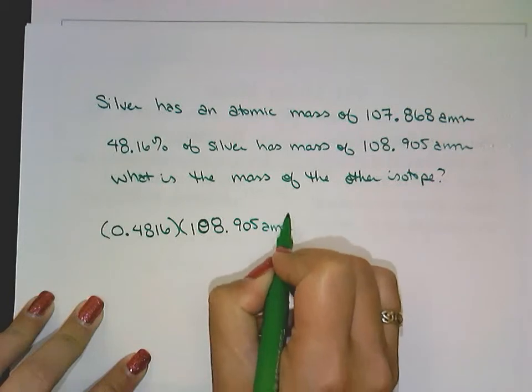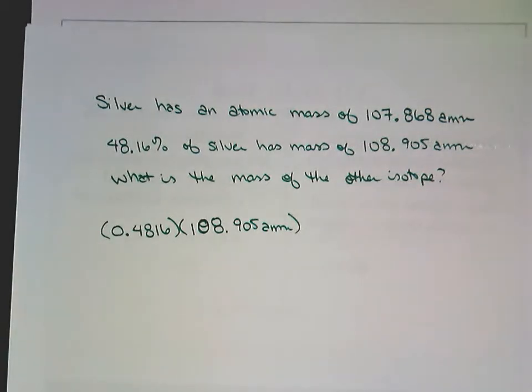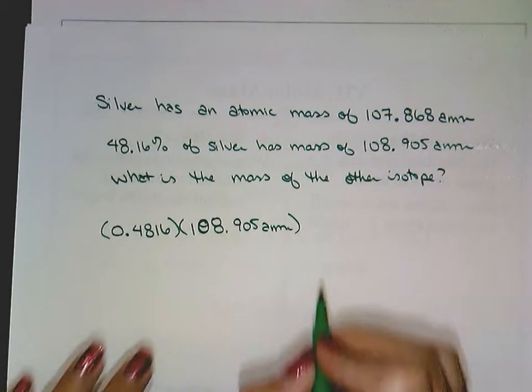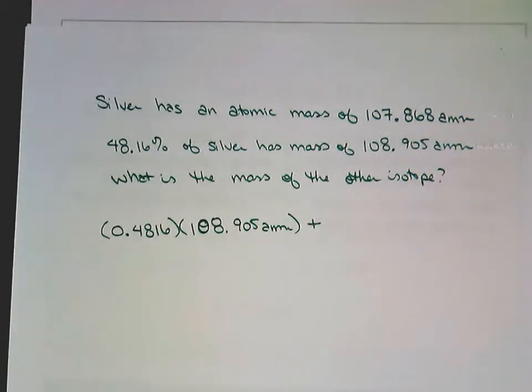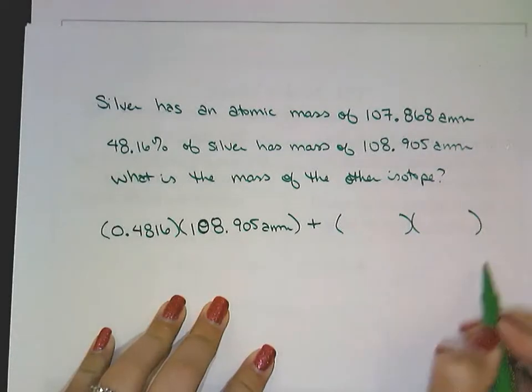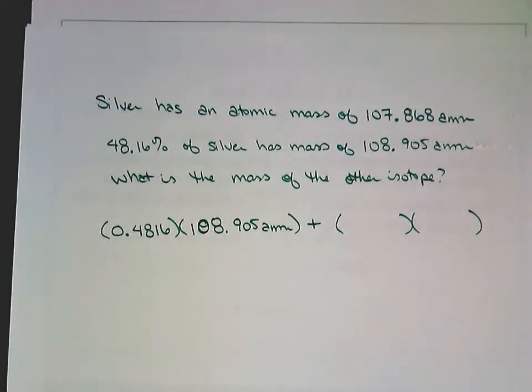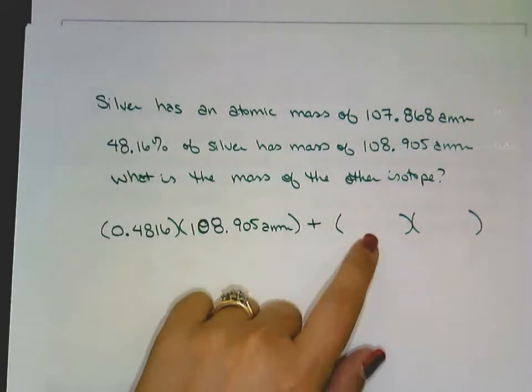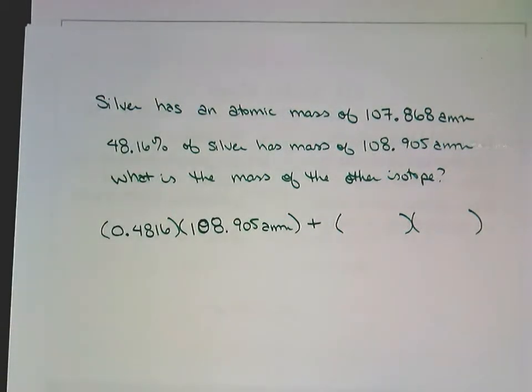Those are the two pieces of information we definitely know. What do we know about these other two parentheses? Right, because I have percentage and mass. Do I know either the percentage or the mass? I know the percentage. How do I figure out what the percentage is? Subtract it from 100, or in a decimal point, subtract it from 1. So 100 minus 48.16.